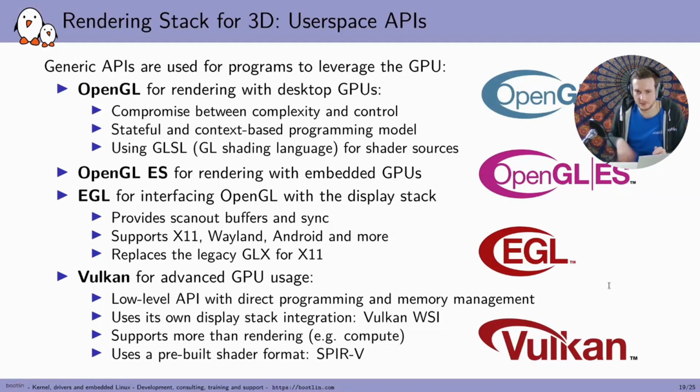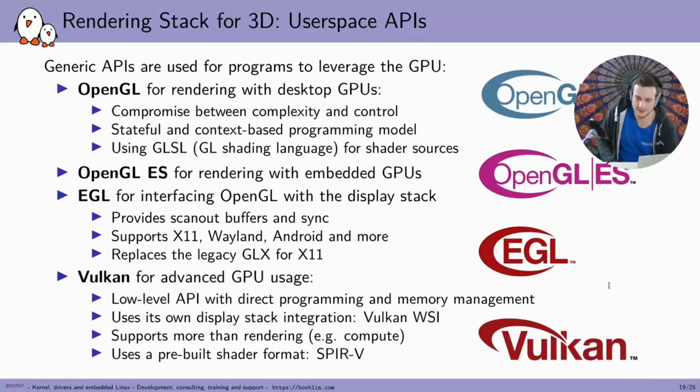Memory management is also very low level. So it doesn't have the same abstractions as OpenGL. So you have to be doing more and more, and it's easier to make mistakes also. And for display stack integration, Vulkan actually has its own system that is called Vulkan WSI, for Window System Integration. So it doesn't use EGL.